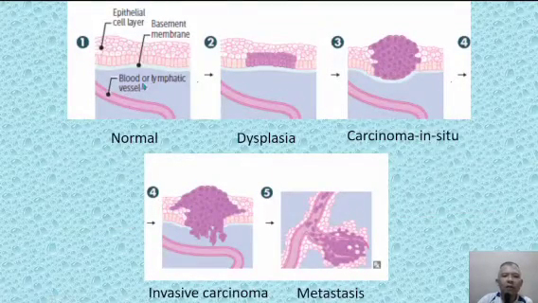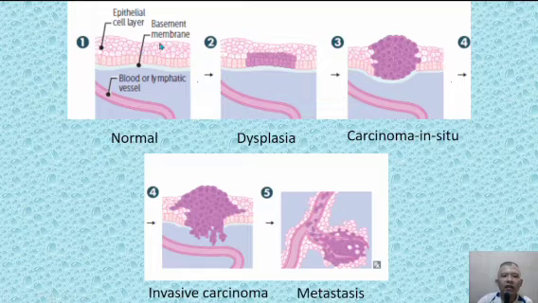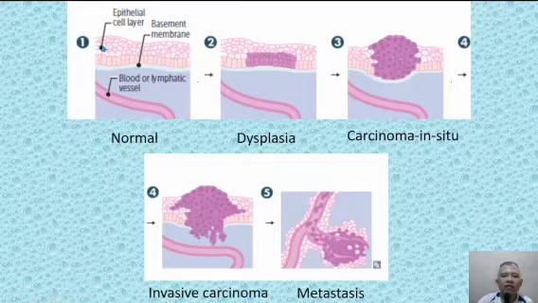So let me show you. From normal, you have the epithelial cells. For example, we are talking about tissues derived from the epithelium. When it is dysplastic, it only involves one part of the epithelium. When the whole layer is involved, then it's called carcinoma in situ.